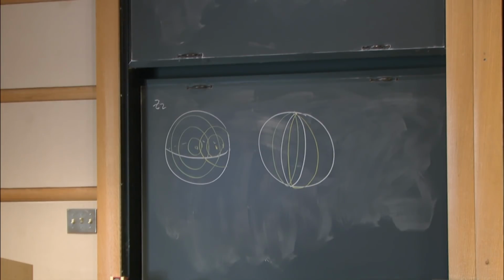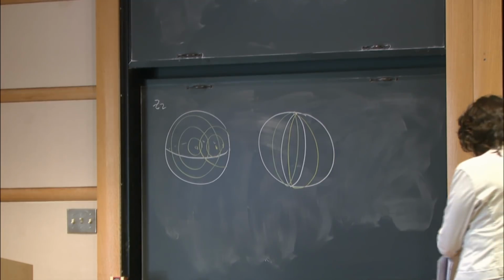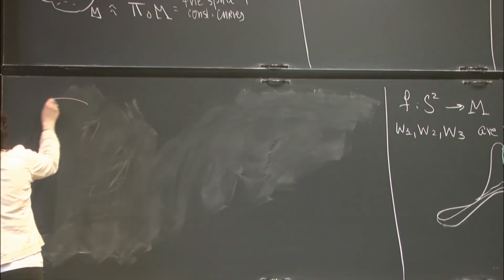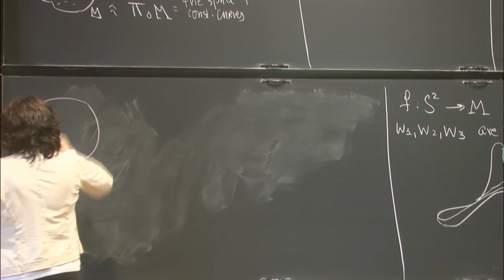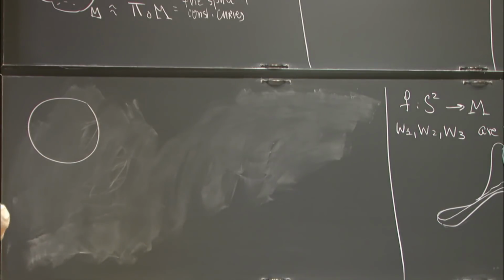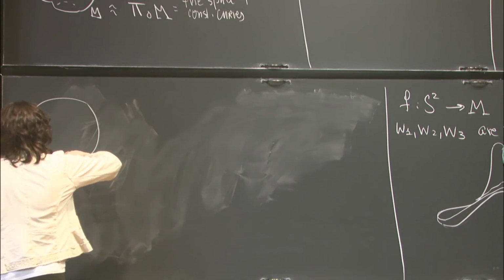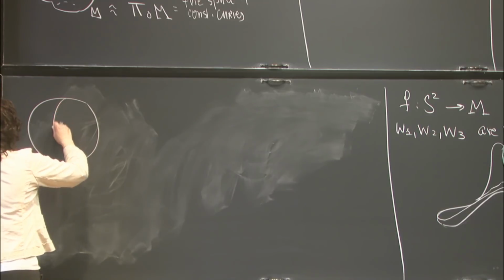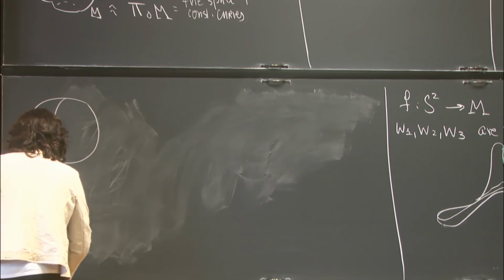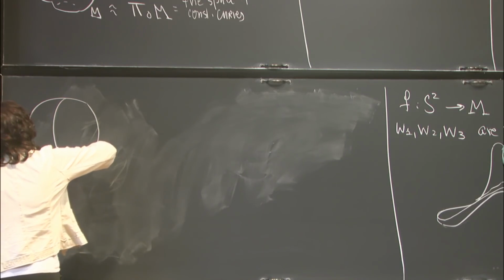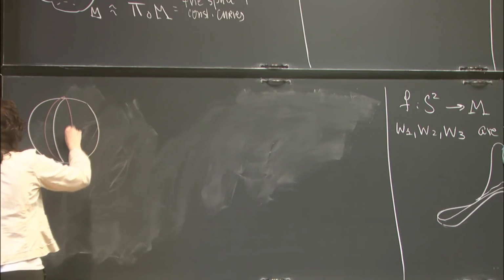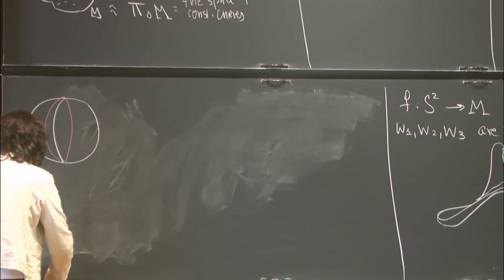Remember that these three are all the circles. So instead of taking all the circles, I'm going to take pairs of meridians that have the same bisector. Maybe something like this.